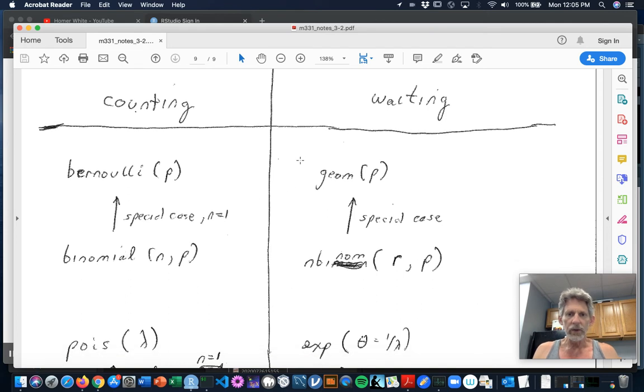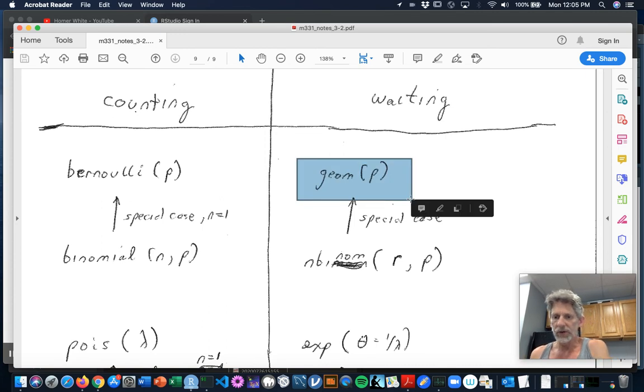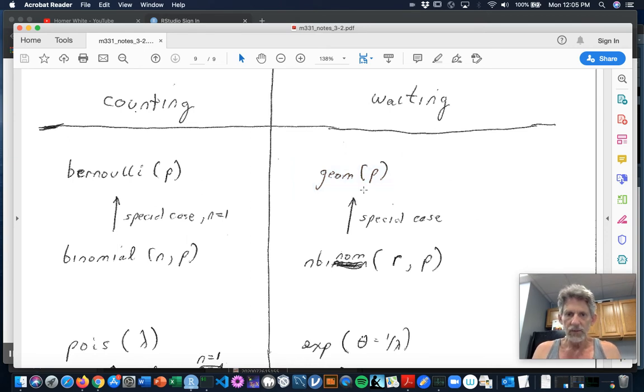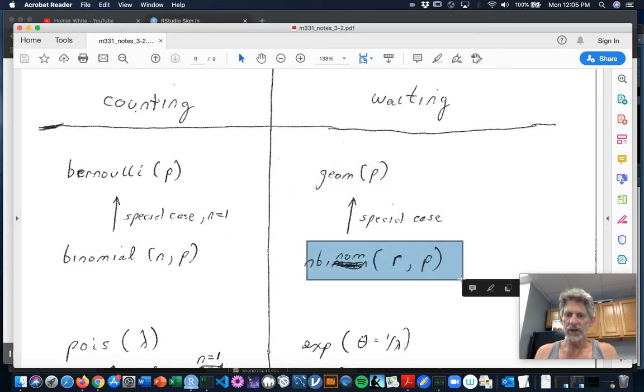And along with that is a weighting concept. If you've got a Bernoulli process, you could be waiting for the first success, and that's associated with a geometric random variable, which in turn is a special case of waiting for your rth success in binomial.